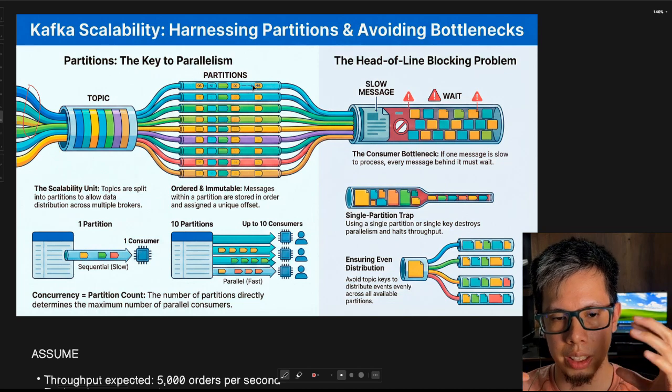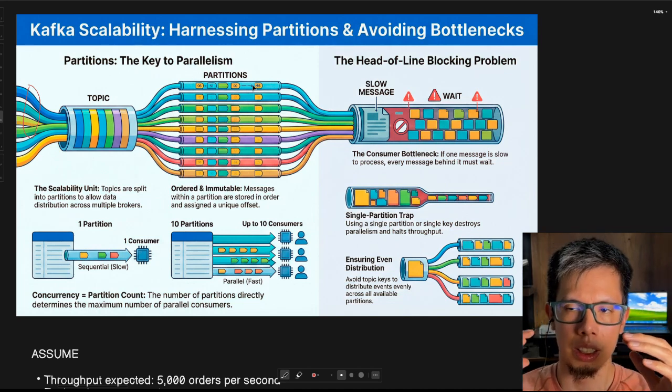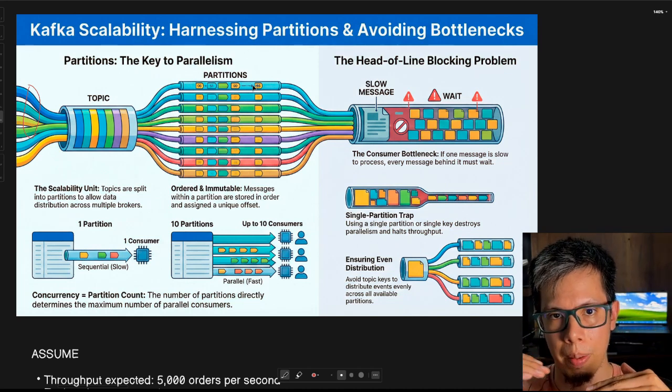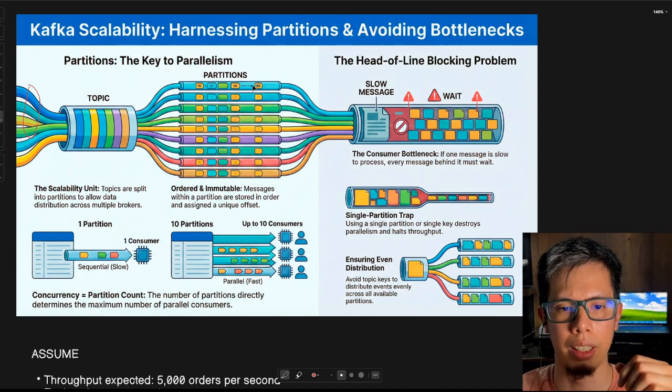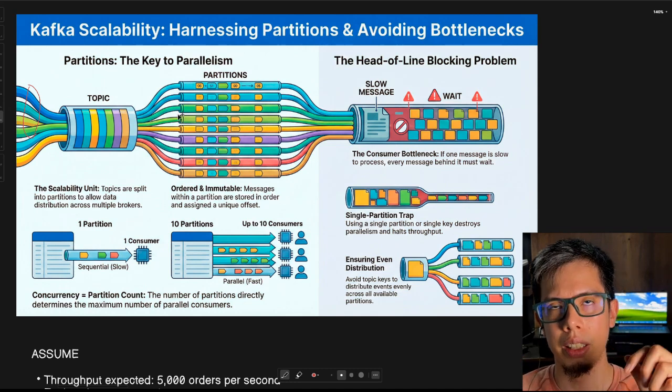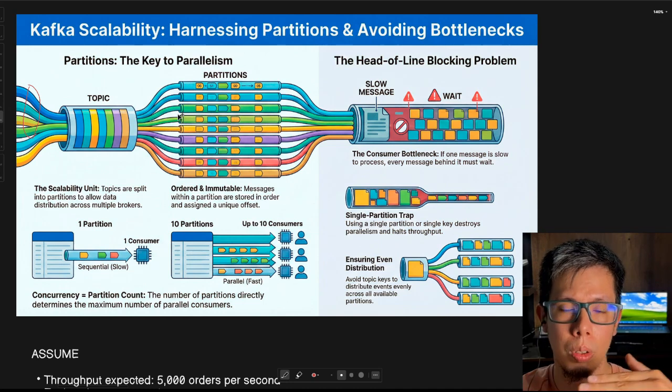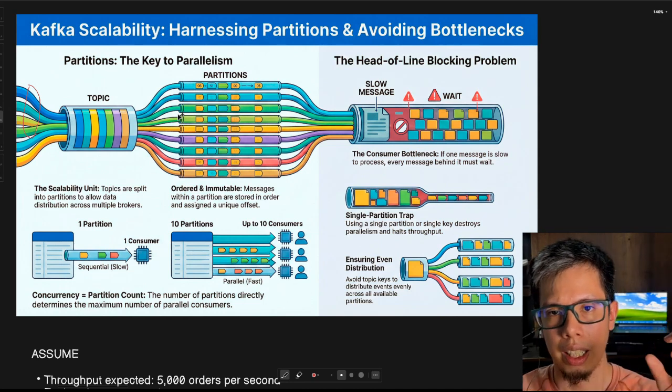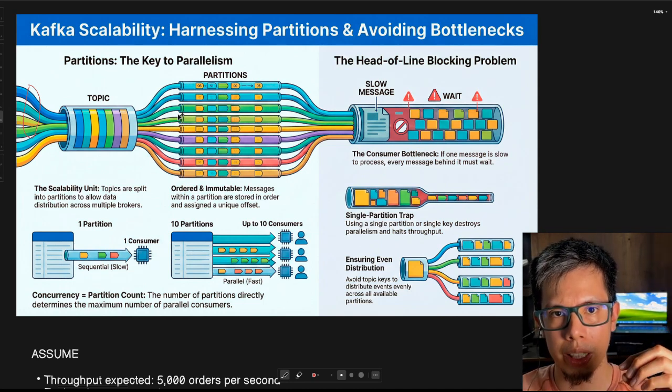The idea in this partition is to ensure the order of the messages, so they are consumed in the same order in which they were created. So that is the idea. The broker could handle multiple partitions, right? And you can only ensure the order in a single partition. That is the idea in general.